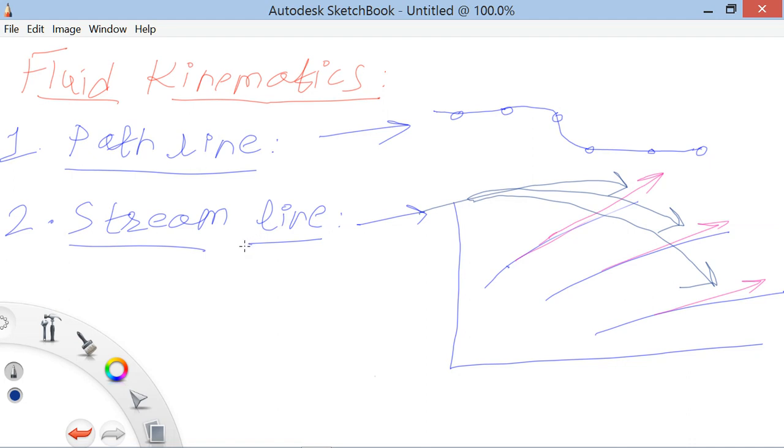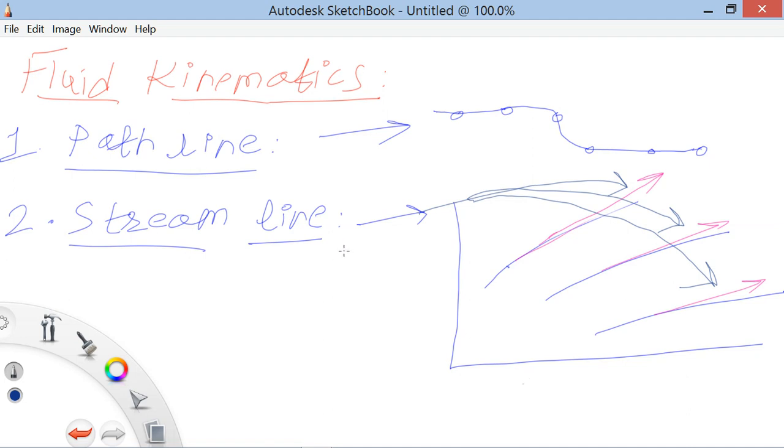So fluid consisting of various fluid particles, the pattern of fluid flow may be represented by a series of streamlines, like we have represented in this figure, in this diagram.